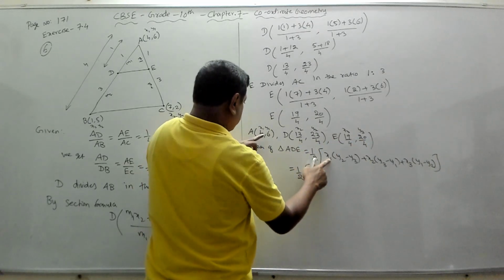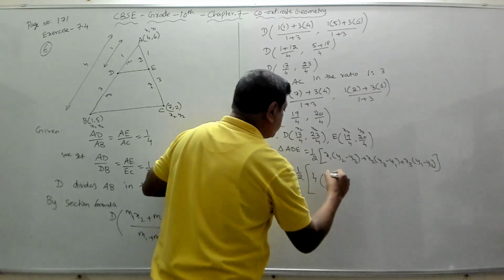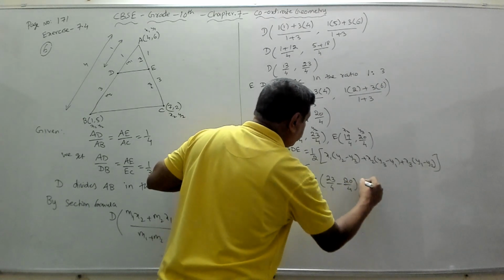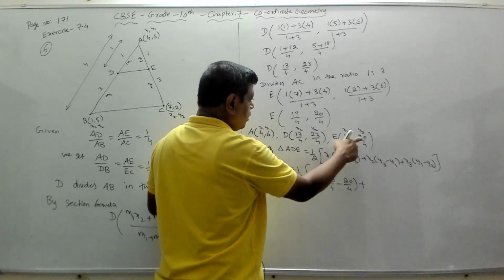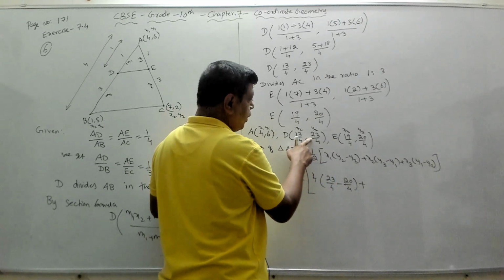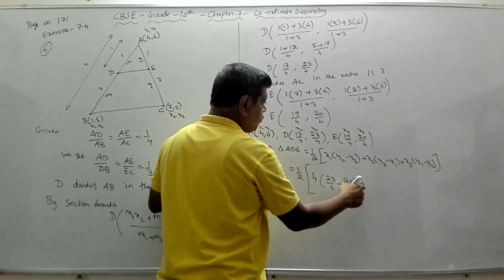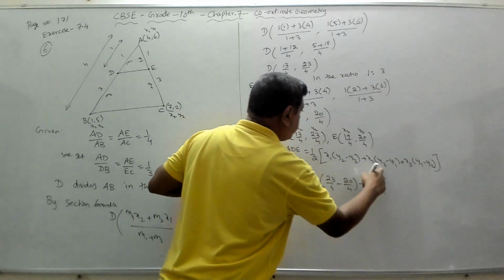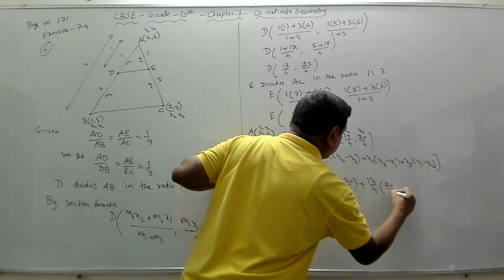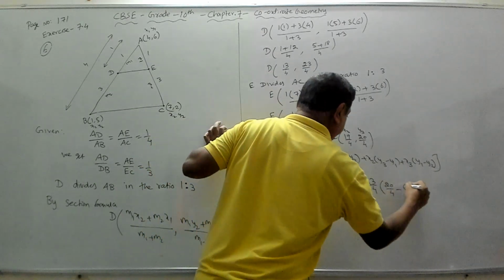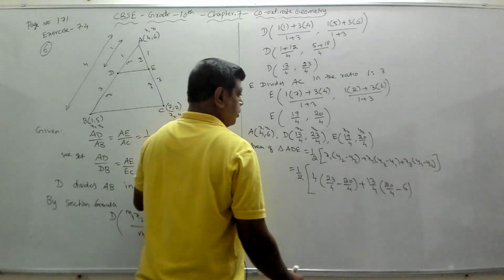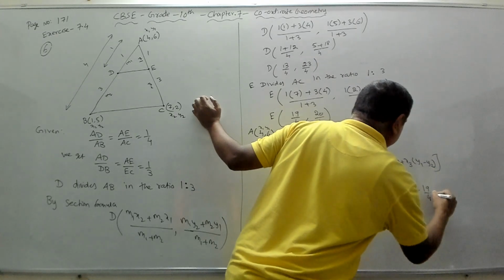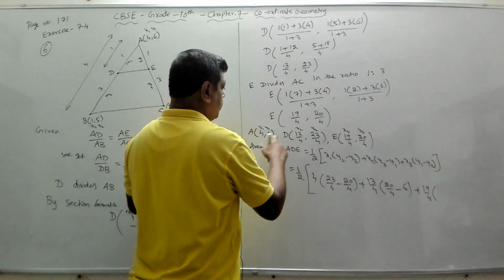Now 4 into y2 minus y3: y2 is 23 by 4 minus y3 is 20 by 4, plus x2 is 13 by 4 into y3 is 20 by 4 minus y1 is 6, plus x3 is 19 by 4 into y1 minus y2, 6 minus 23 by 4.